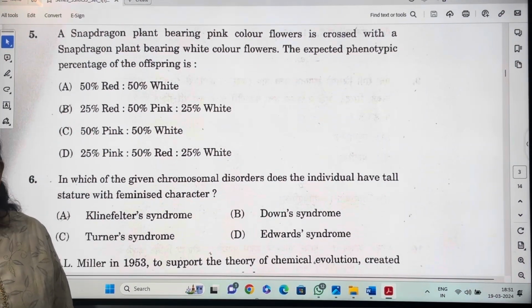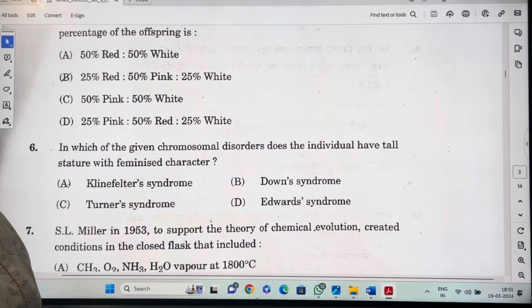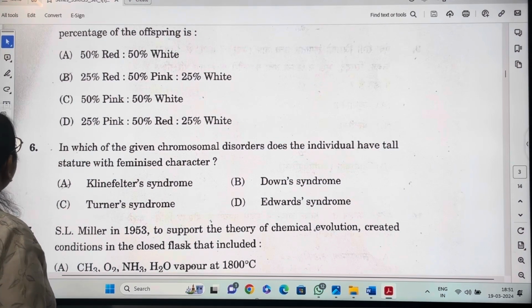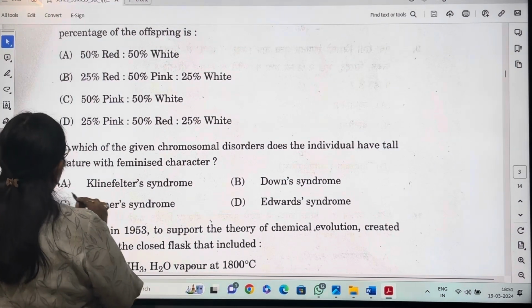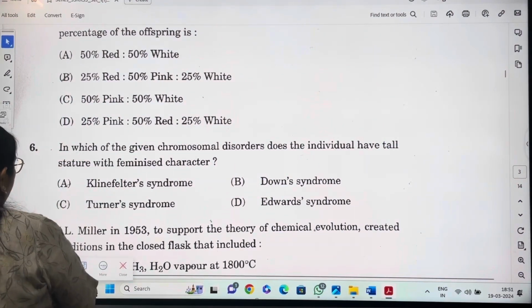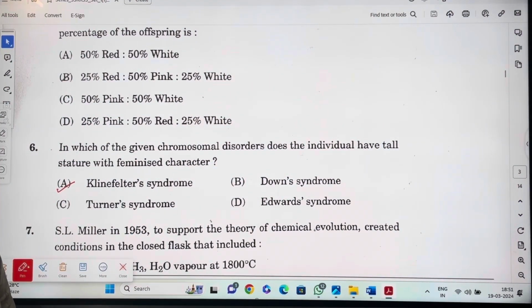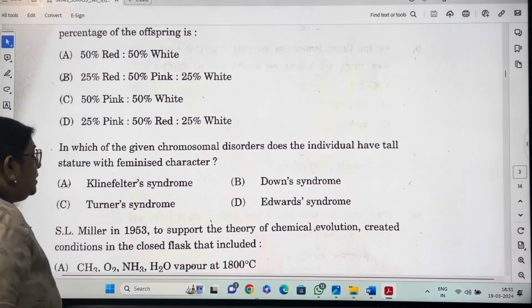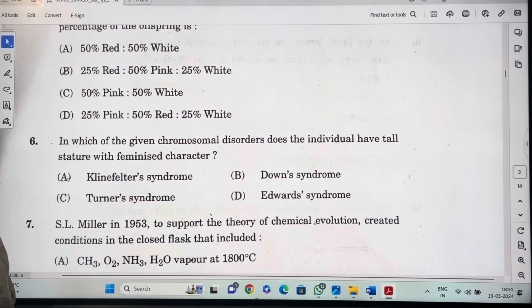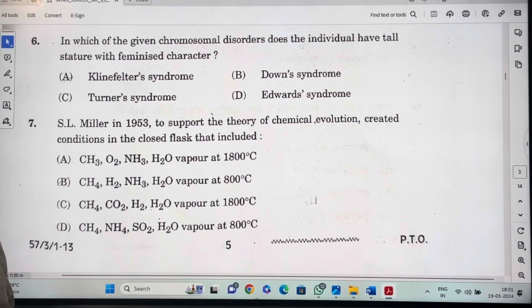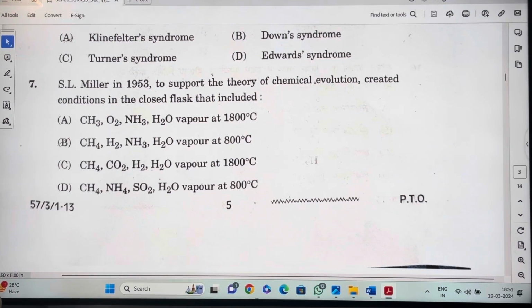Next is sixth question, in which of the given chromosomal disorders does the individual have tall stature with feminized character? Answer here is Klinefelter's syndrome. And in the next question, S.L. Miller in 1953, to support the theory of chemical evolution, created conditions in the closed flask that included CH3, O2, NH3, H2O vapor at 1800 degrees centigrade, CH4, H2, NH3, H2O vapor at 800 degrees centigrade.